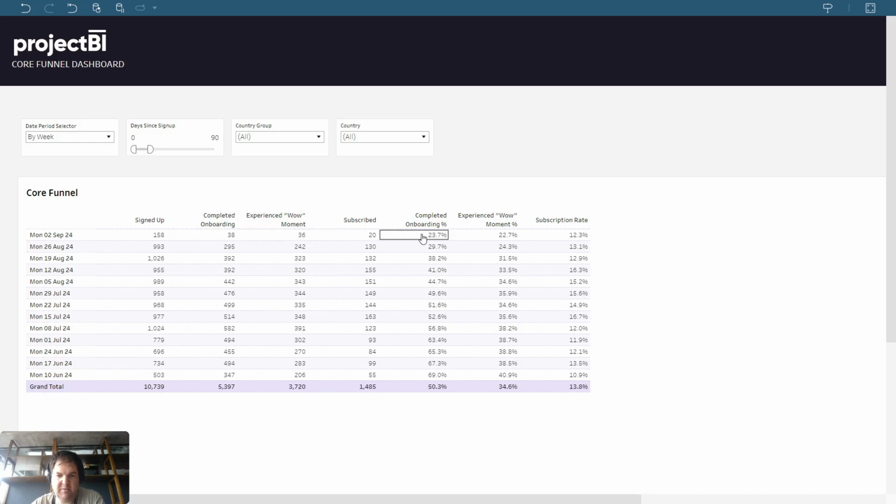So in this case, 23.7% of the 158 users completed the onboarding. The next column, same thing. It's going to be the next step in our funnel, always compared to our starting point, the number of users we have to work with in our cohort. And lastly, subscription rate. That's going to be the percentage of the cohort that subscribes.